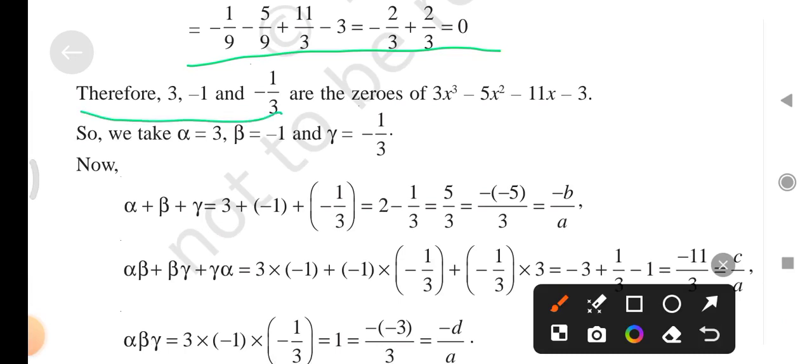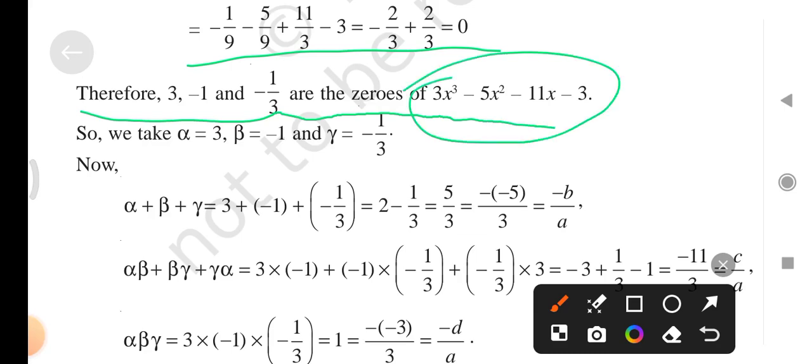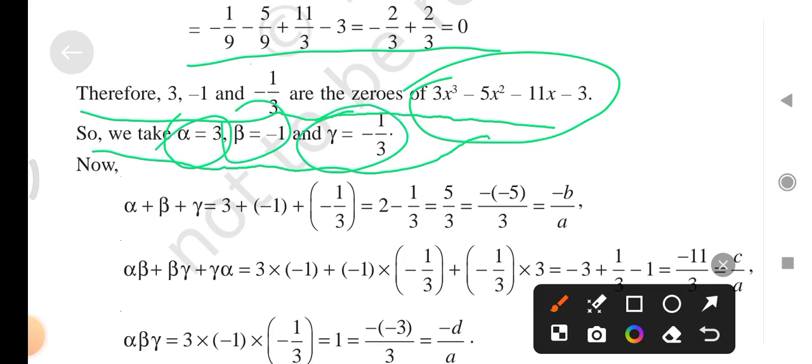Therefore 3, minus 1, minus 1 by 3 are the zeros of 3x cube minus 5x square minus 11x minus 3. So we take alpha is equal to 3, beta is equal to minus 1, gamma is equal to minus 1 by 3.